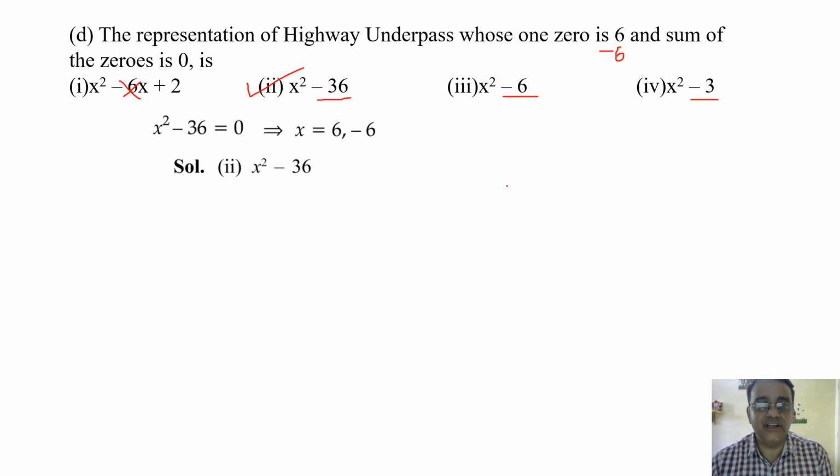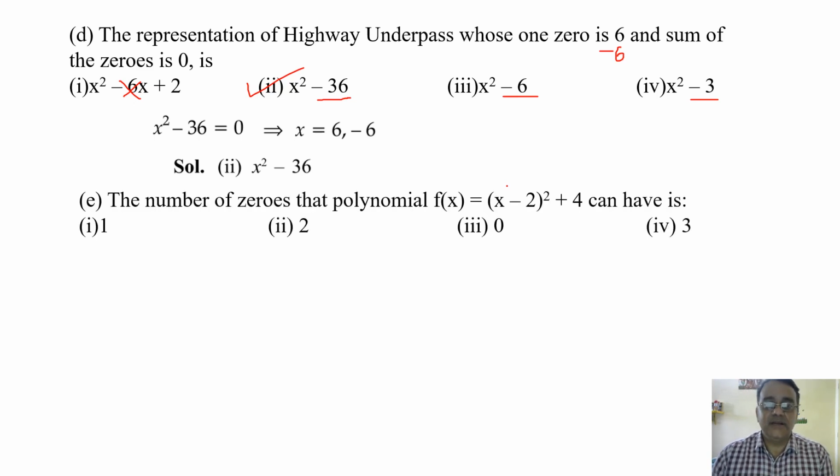Now we are moving toward the last question. The number of zeros that polynomial f of x is equals to x minus 2 whole square plus 4 can have is dash. Question clear है? तो हम लोग क्या करेंगे, पहले इसको इक्वेट विद 0 करेंगे.